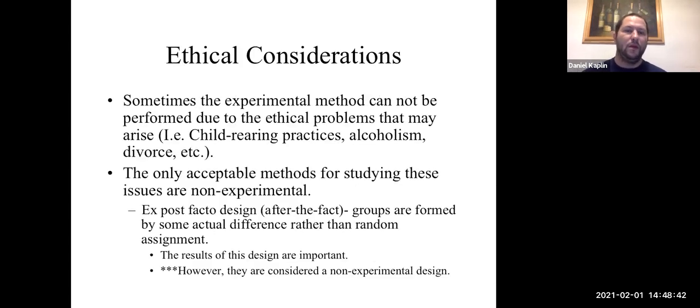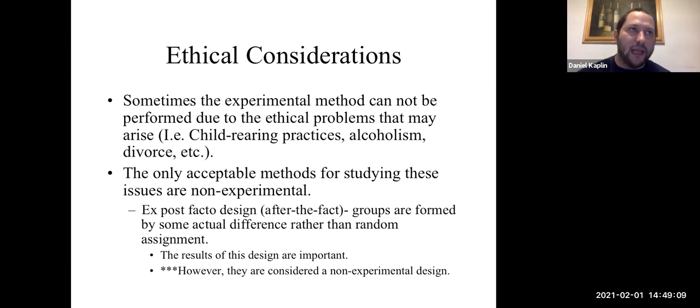All right. Other factors that one must consider when doing a study are ethical considerations. So some studies you cannot manipulate. So we have to use an ex post facto or a quasi-experimental design. Ex post facto means after the fact. So let's say you were studying divorce, right?